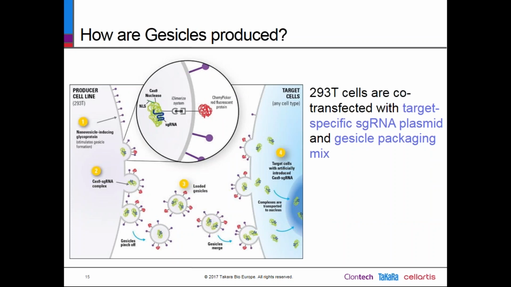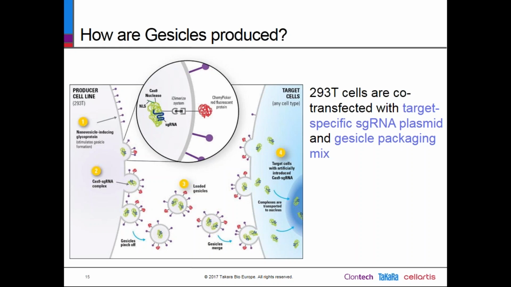So we provide a so-called jasicle production system in which you can produce your own jasicles that will contain both active Cas9 protein and your target-specific guide RNA.